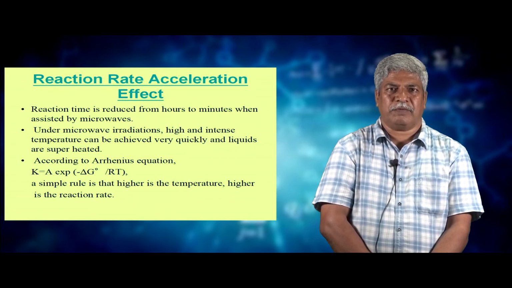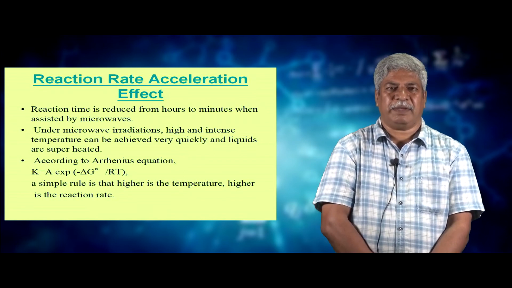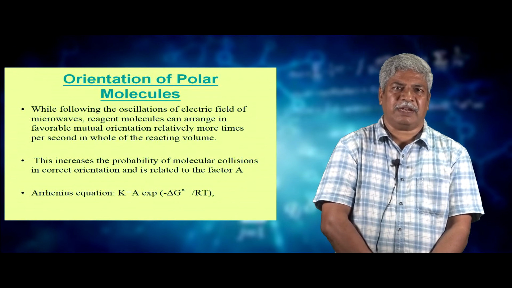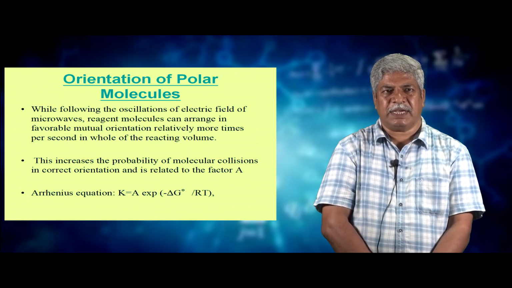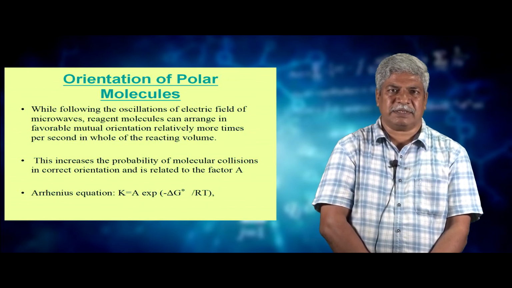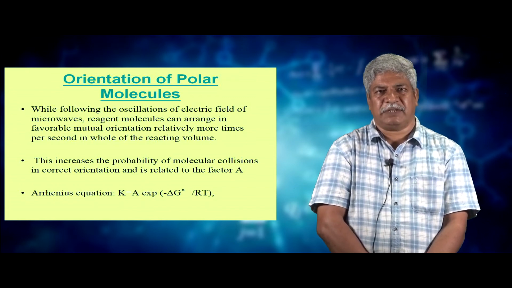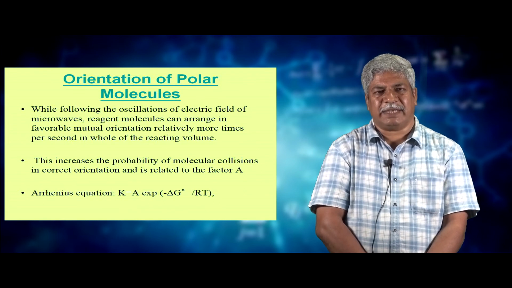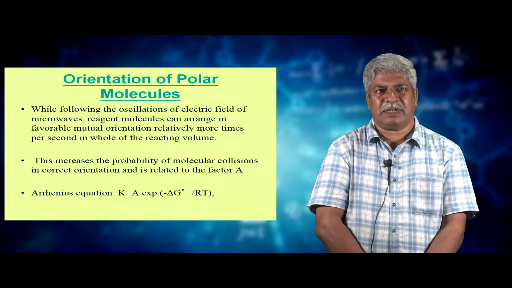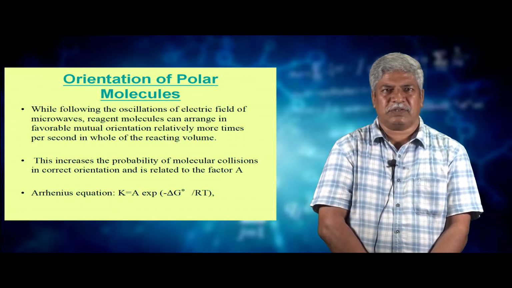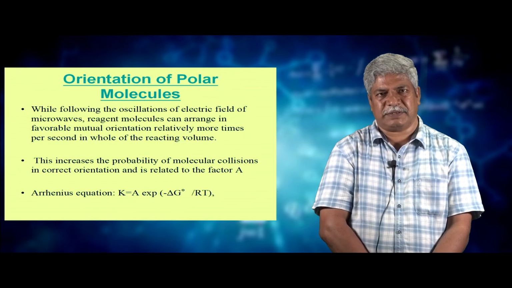What we know from this equation is that when temperature increases, the rate of the reaction increases. That is what takes place in microwave assisted synthesis. The temperature inside the liquid increases, as a result the rate of the reaction increases, and that is the reason why the reaction time is reduced from hours to minutes.